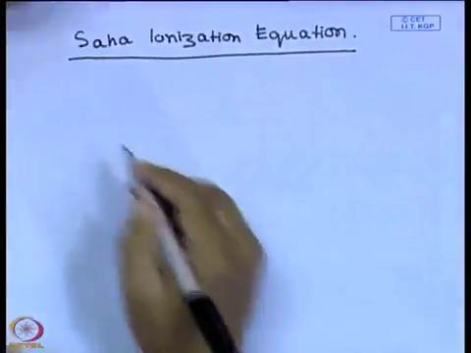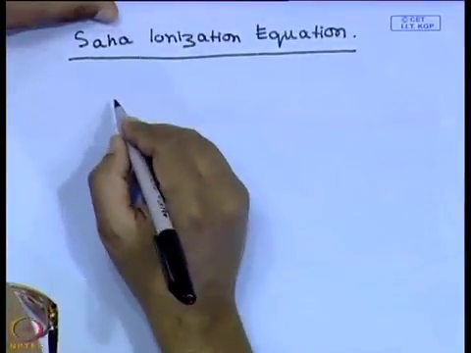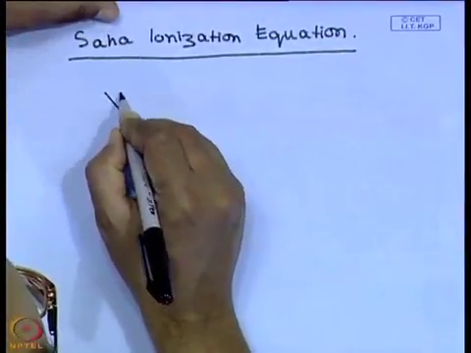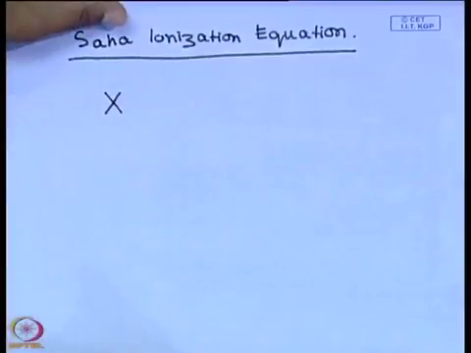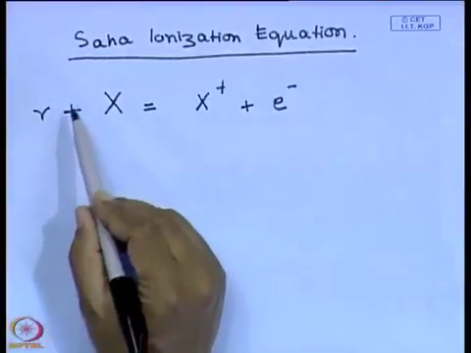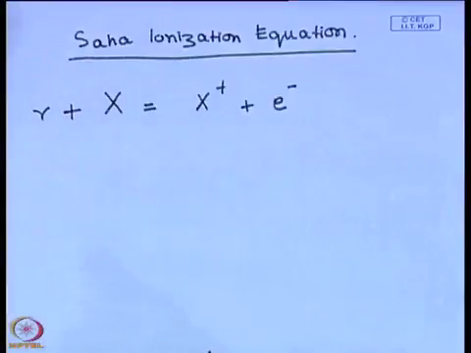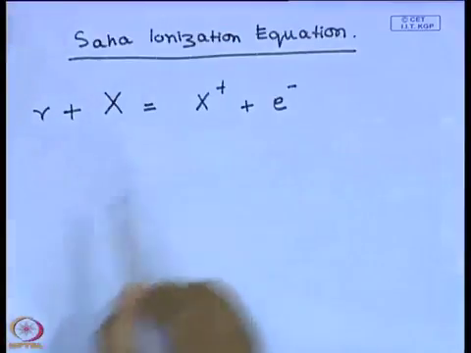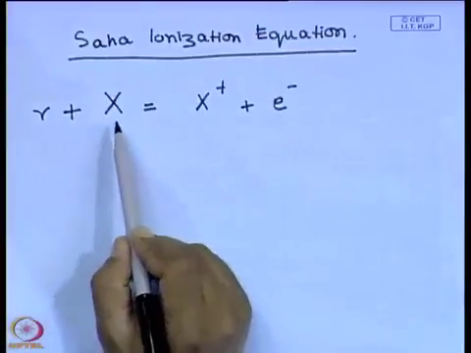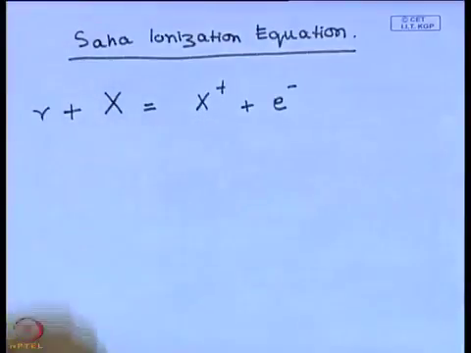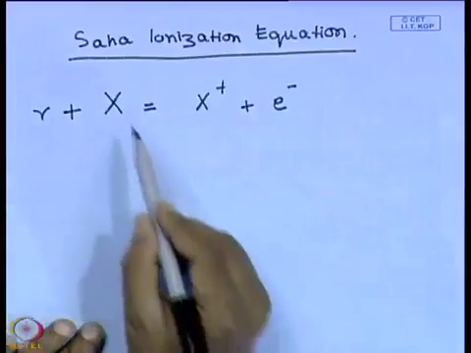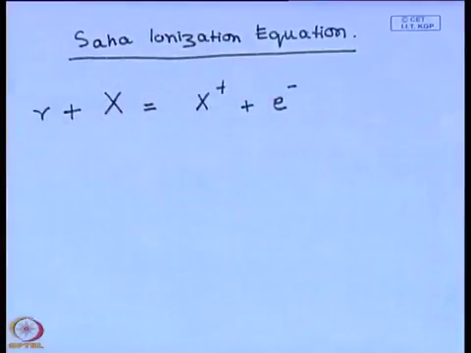So, we consider an atom, let us call it X, and if I have the whole thing in equilibrium at a temperature T with certain density rho, or number density n, then what is the fraction of the atoms that is ionized? This is governed by Saha's ionization equation, which was worked out first by Meghnad Saha.